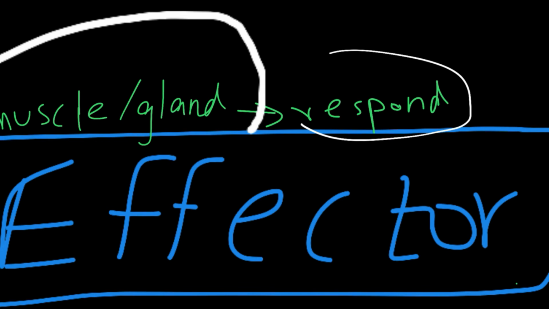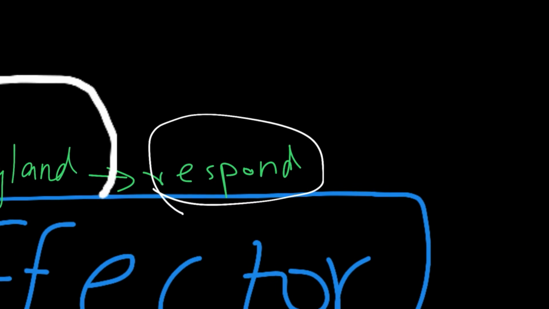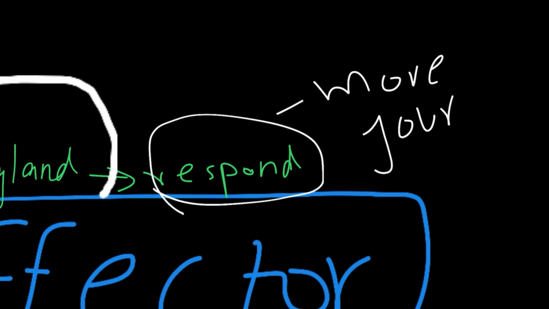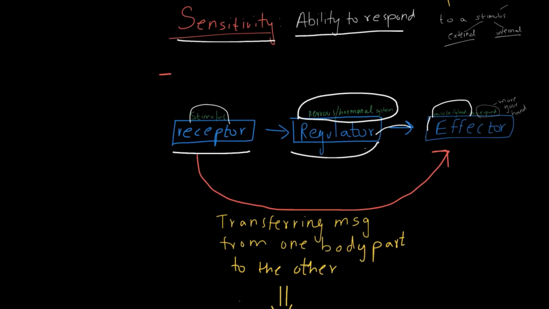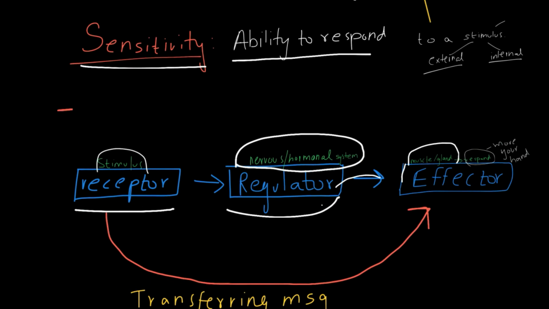So the final response that you get is that you move your hand, right? That is the specific response that you're looking for, which is helped through cell signaling, through the receptor, the regulator, and the effector.